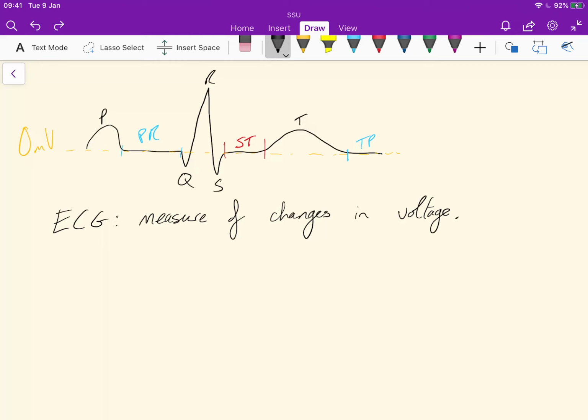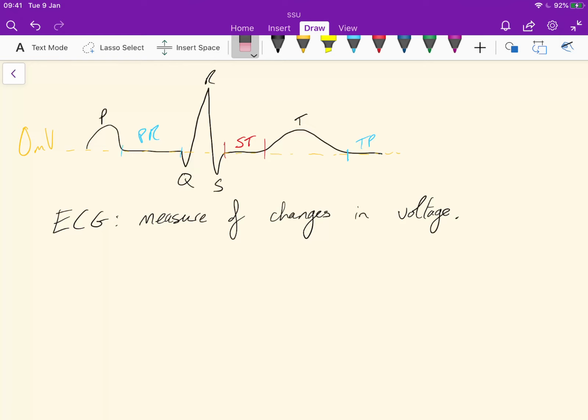Okay, if you watch the previous video, I explain all of that. Now, the reason these are all at 0 is because at the PR, the ST, and the TP segment, the lead is measuring the heart in a state of unchanging charge.